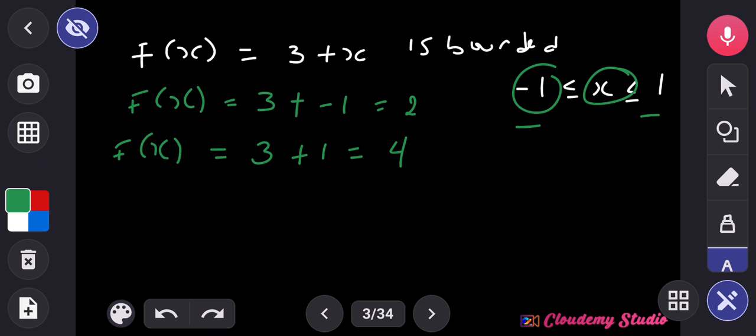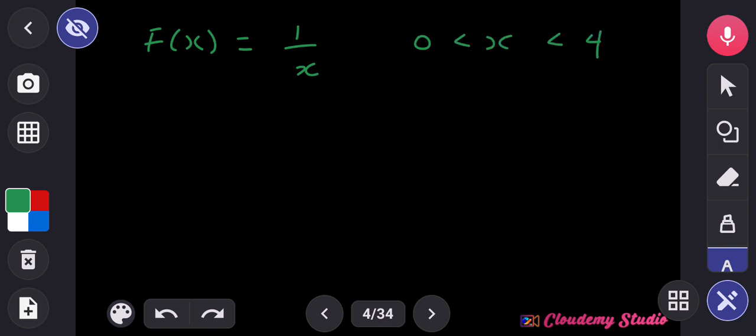Let us take for an example. If f of x equals 1 upon x, and it is bounded between 0 less than x less than 4.